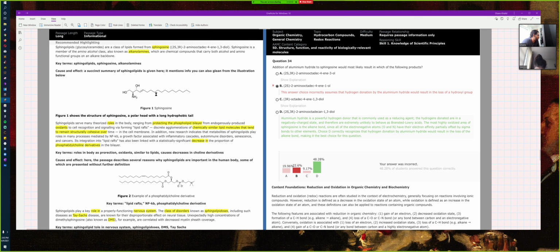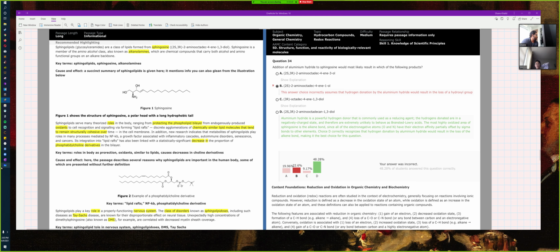Okay, so this might be one of those reagents to know, like aluminum.